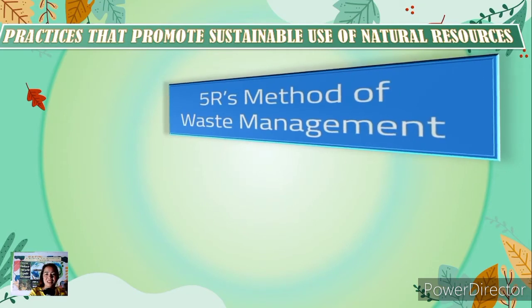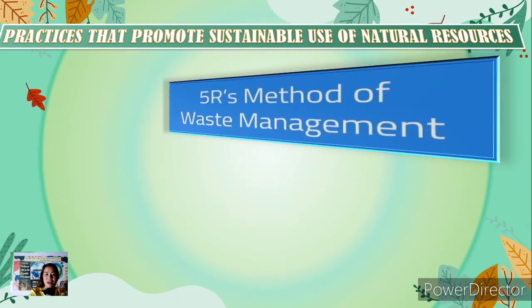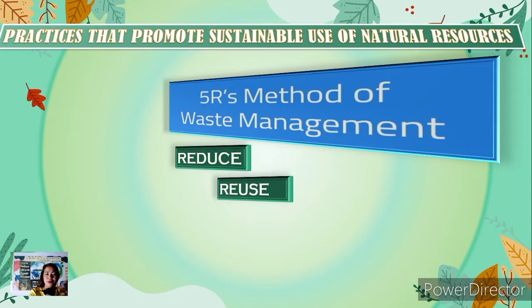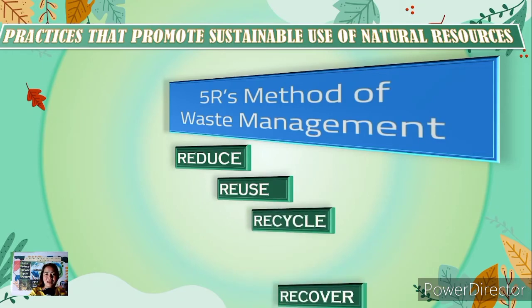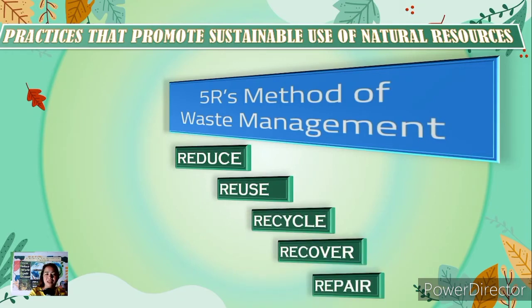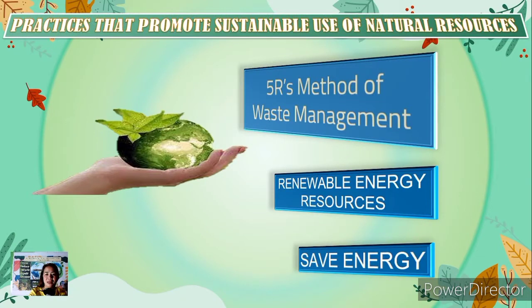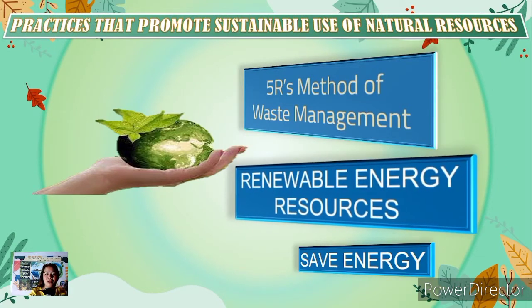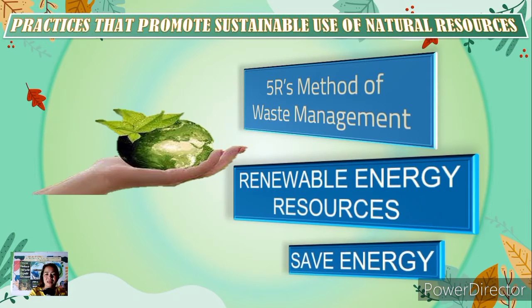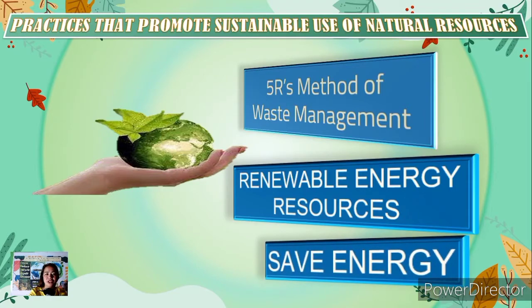The practices that promote sustainable use of natural resources are 5Rs method of waste management, which include reduce, reuse, recycle, recover, and repair, and renewable energy resources and save energy.